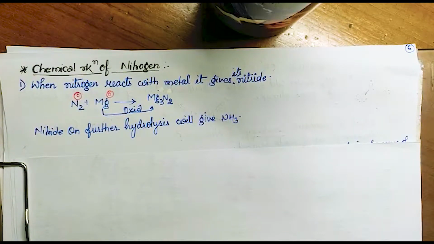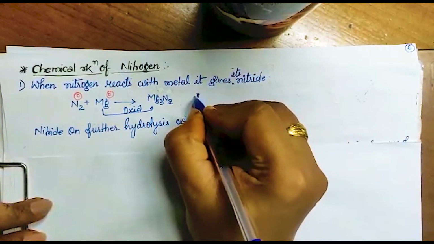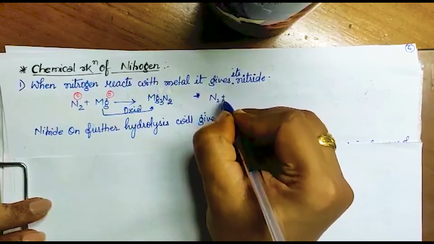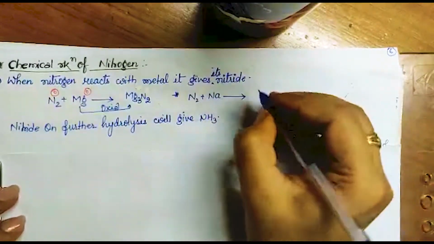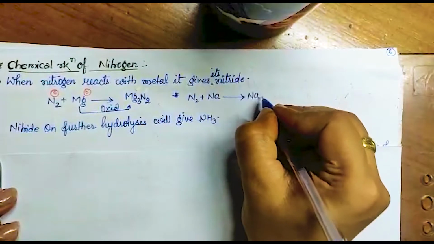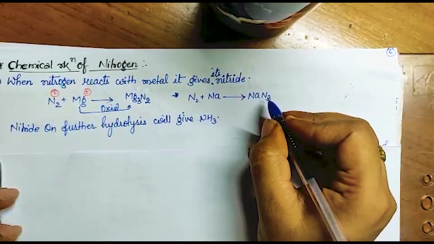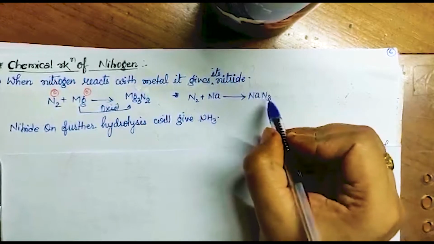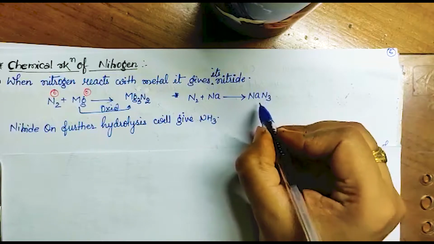Similarly, if I tell you to make the compound with sodium, another example: if nitrogen reacts with sodium, tell me fast, what will be the compound formed? Obviously, yes, very good. NaN3, because Na has +1 and N has -3.